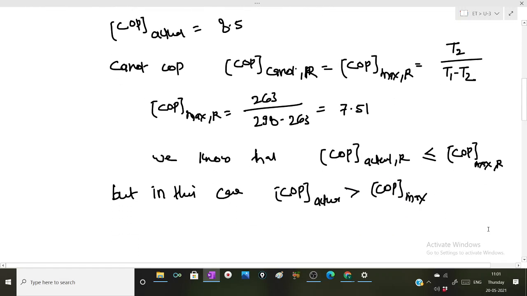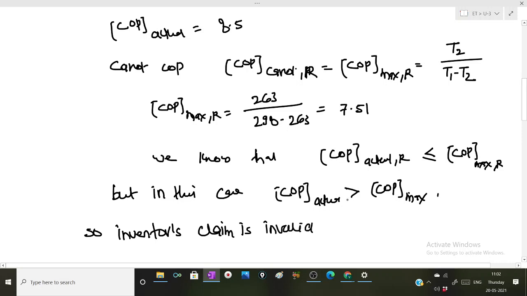The claim of the inventor to make such a refrigerator, which will have the COP of 8.5 operating between source and sink temperature, is not valid. So I will conclude inventor's claim is invalid.